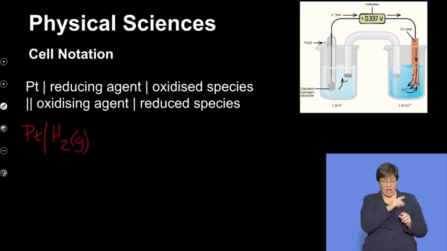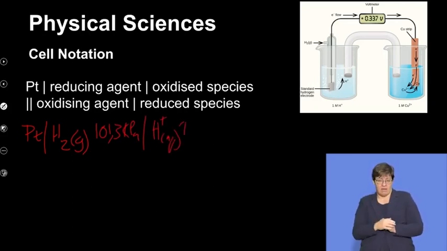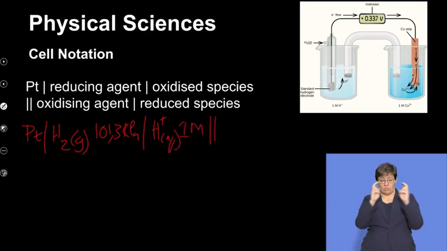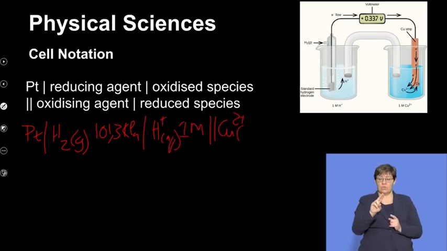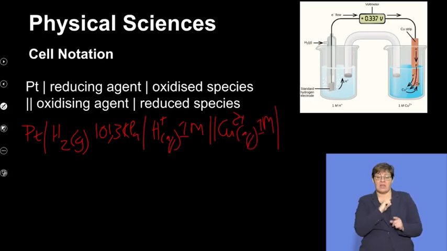I'm not going to put in the pressure, but let's just put it in, 103 kilopascals. Then we go to the oxidizing species, which is the hydrogen ions in solution. That's 1 molar. We've got the salt bridge. The oxidizing agent is copper ions, 1 molar. And the final thing there is the copper solid electrode.